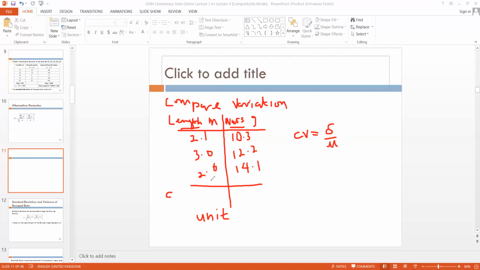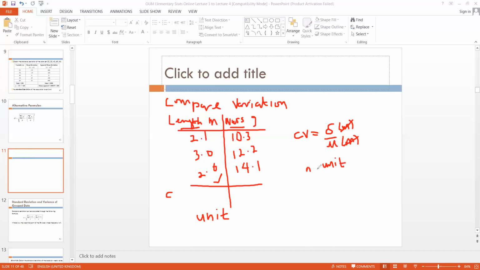Let's take length. The standard deviation of the data for length will be in meters, and the mean will also be in meters because it is length. If we divide the two, the CV will be unitless.